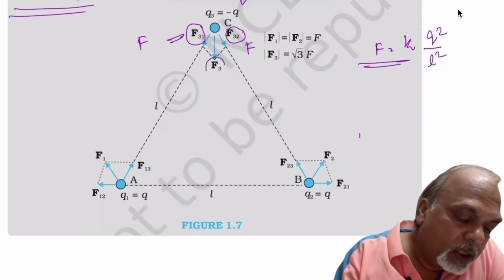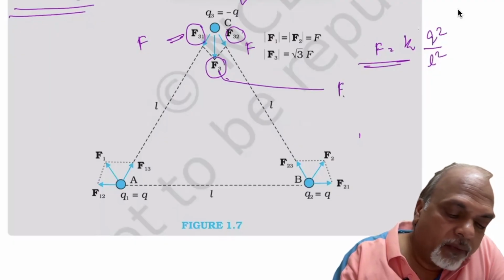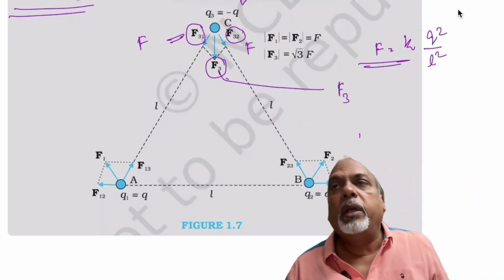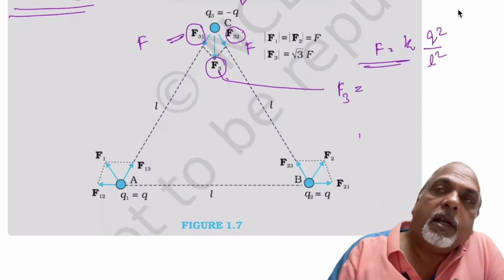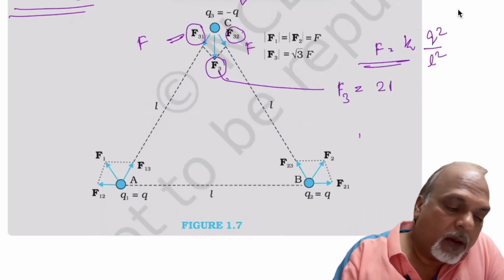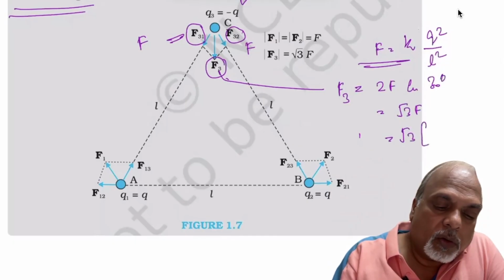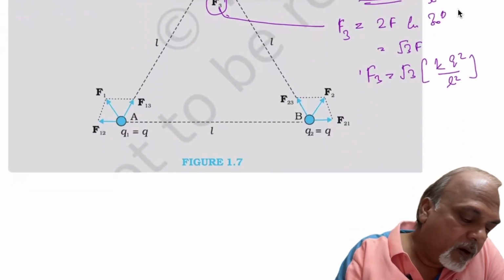So naturally, what is the resultant force F3 on this, your Q3? What is the resultant F3? F3 is nothing but 2F cos 30 degree, and that is nothing but root 3F, or you can say root 3 into K Q square upon L square. Likewise, what is F1?